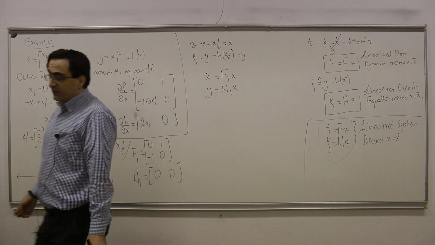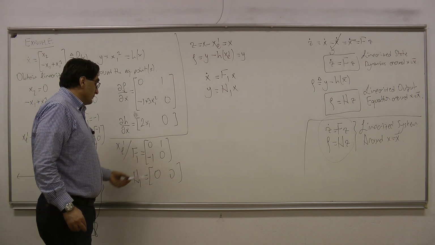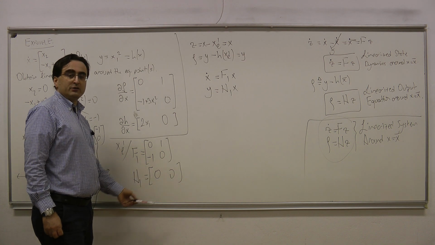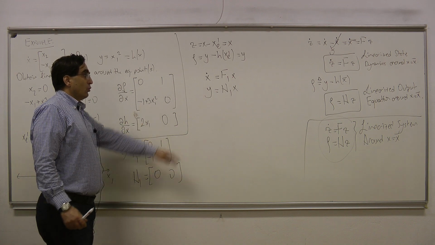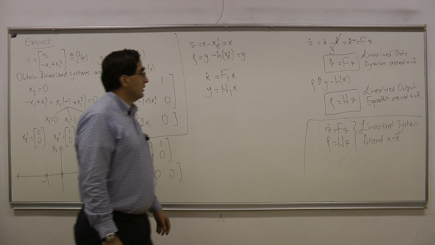So you see that in this case, something strange happened. This can always happen in linearization. H1 is purely 0. Okay? So here, the linearized system, whatever its dynamics is, would always give me a 0 output.